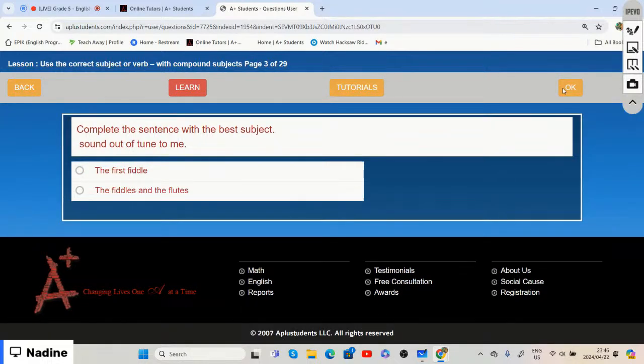Let's just do one more and then we are done. Do we say the first fiddle sound out of tune to me, or the fiddles and the flutes sound out of tune to me? Which one is the correct one? One last one. Which one is correct?